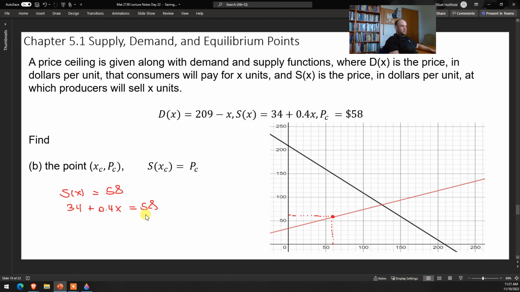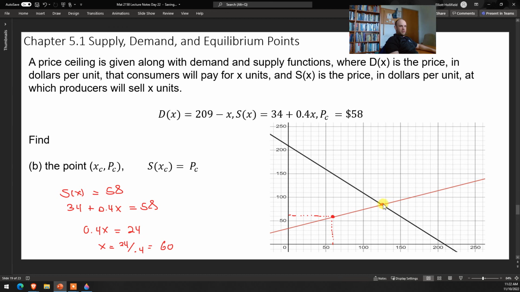Now let's subtract by 34. Let's see, take away 4, that's 54. Take away 30, that's 24. So 0.4x is equal to 24. And hence x is equal to 24 divided by 0.4. Let's see, that's 4 over 10, so that gives us 60.